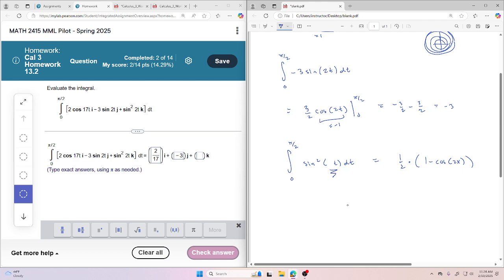Oops. Here, let me start over. I need a formula, right? So I'm gonna do a little star. So sine squared x dx is 1/2 times 1 minus cosine of 2x plus c, basically, right? Is that correct? Formula correct?